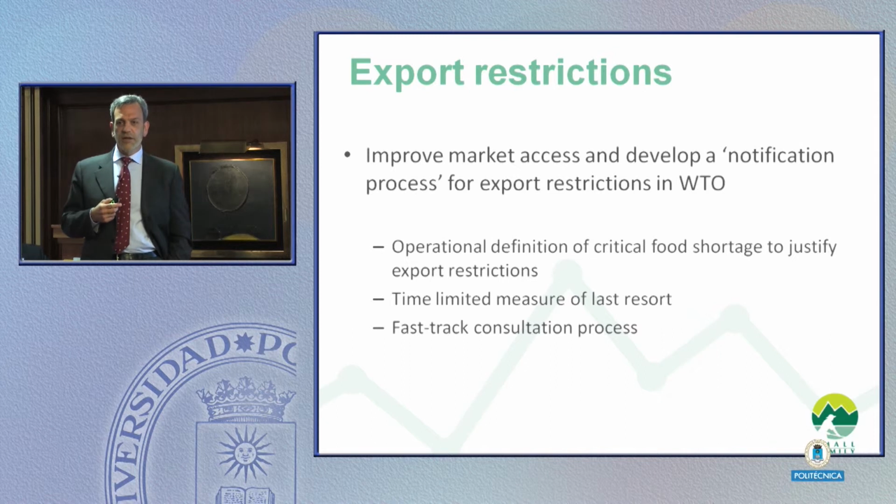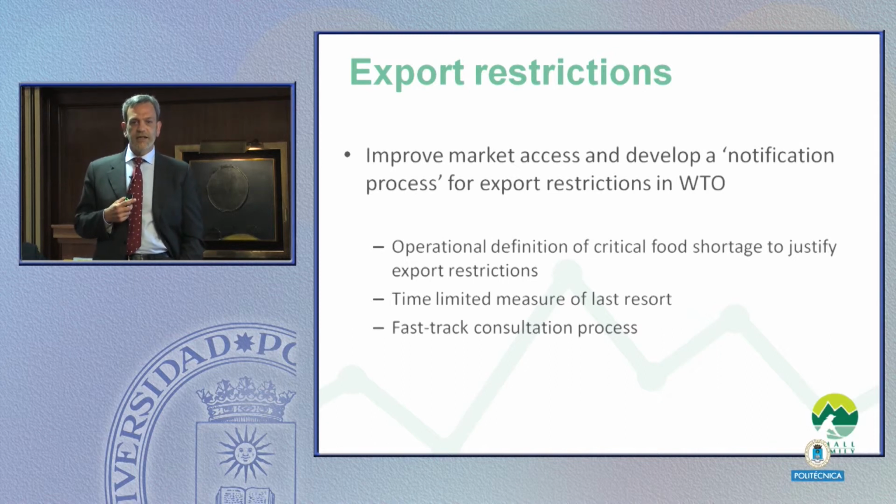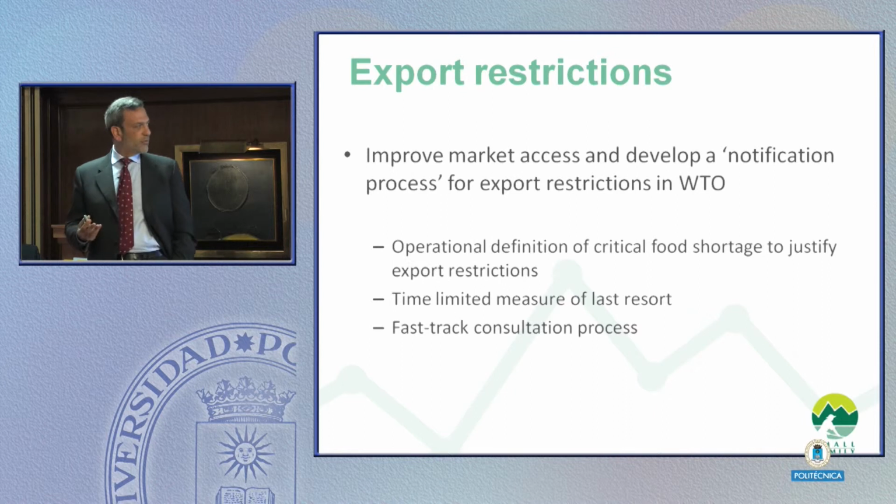When we were working with the G20 on food price volatility, we made a proposal to the G20 to improve market access and develop a notification system in the WTO. There is an asymmetry between import and export disciplines in the WTO. They didn't accept that.